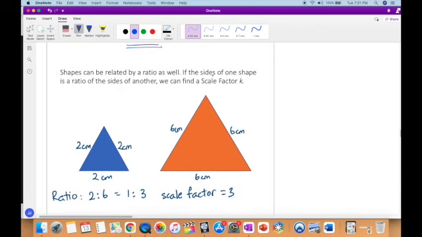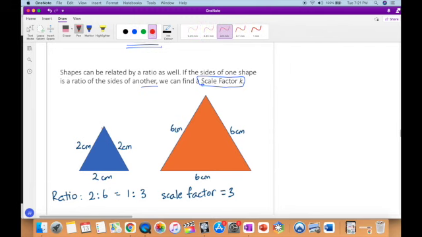So if the sides of one shape are a ratio of the sides of another, we could find something called a scale factor, right? So take for example this: I have this triangle here with sides all 2. And I have this triangle here with sides, all of them 6.